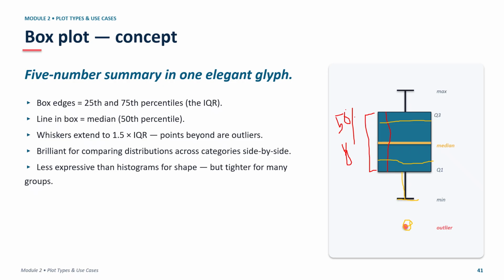Then let us ask: when do you use a box plot and when do you use a histogram? You can use a histogram when you have one group and want to see the shape in detail. But you can use a box plot when you have multiple groups to compare side by side.